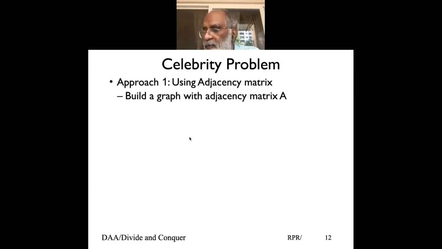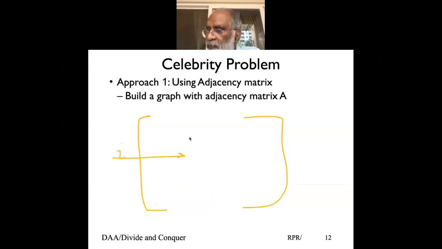So the adjacency matrix is like this. This is i and j, and the entry at row i, column j is 1 if i knows j. If i knows j, then a_ij is equal to 1.